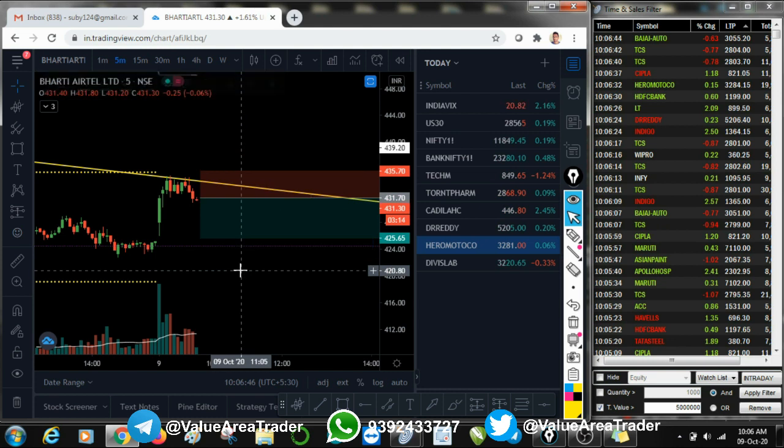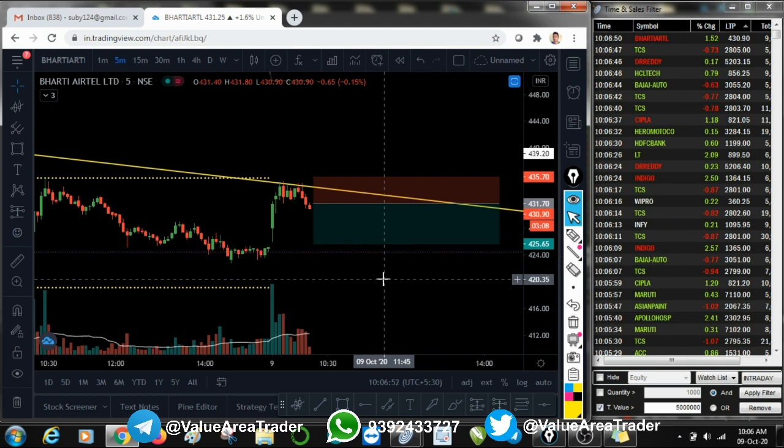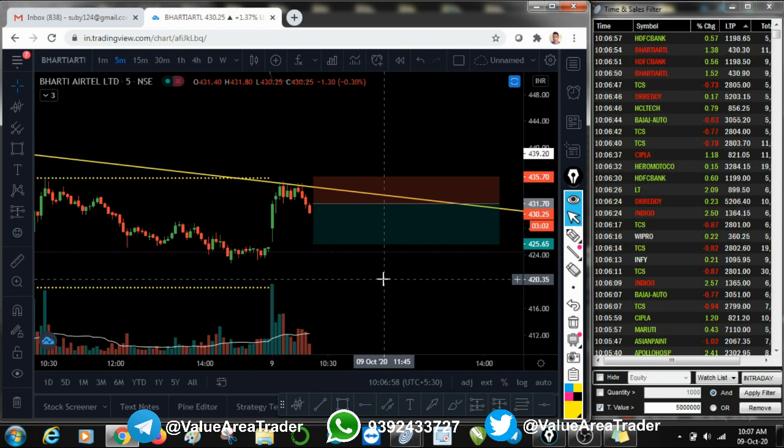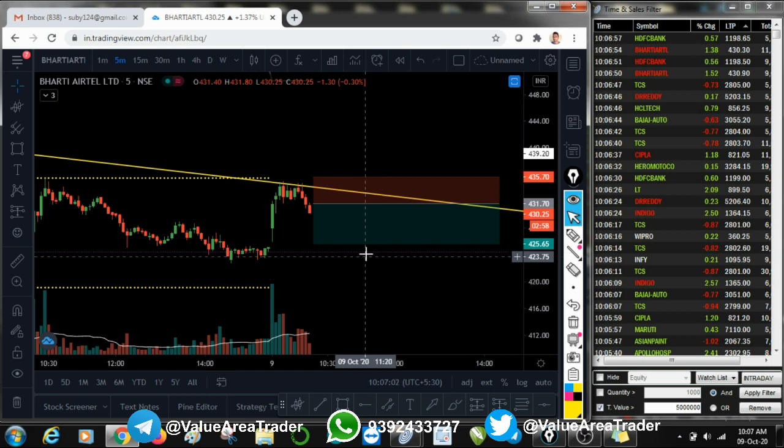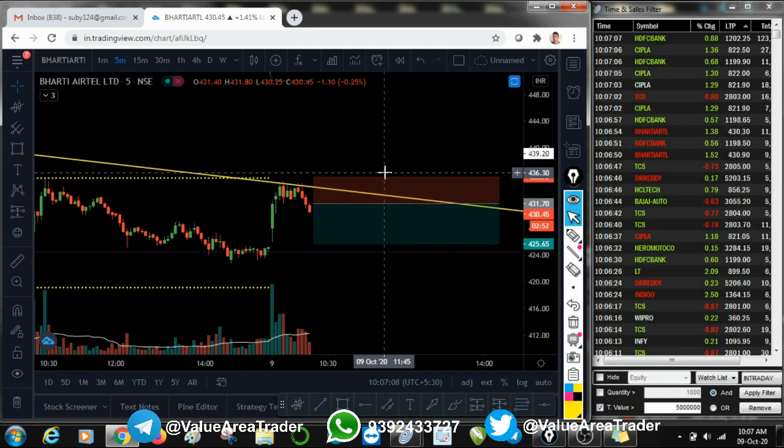So I'll enter here for Airtel, and you can see on the screen when the orders get executed. I'll add Bharti Airtel in my mobile and go for a sell because it reversed from a trend line. Sell, 4 rupees. My stop loss is at 436.